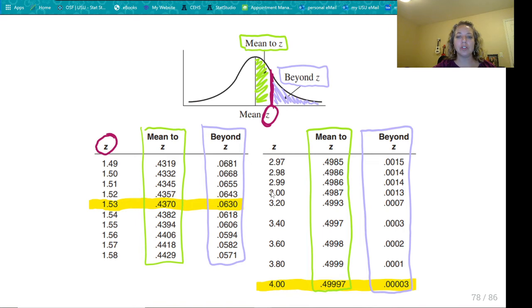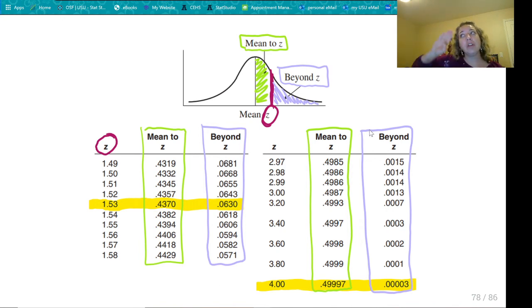After a z-score of 3, it jumps to 3.2, 3.4, 3.6, 3.8, and the last entry in this z column is 4. They put some space in there to clue you in that we're skipping values at this point. But the last value on our table is 4. So how in the heck do we look up a 6.13? That's a huge z-score. And the answer is we don't look it up.